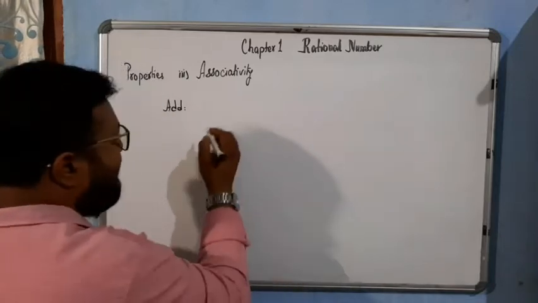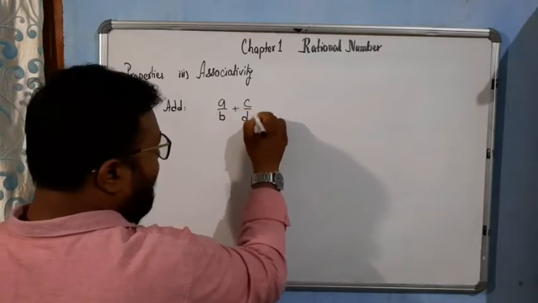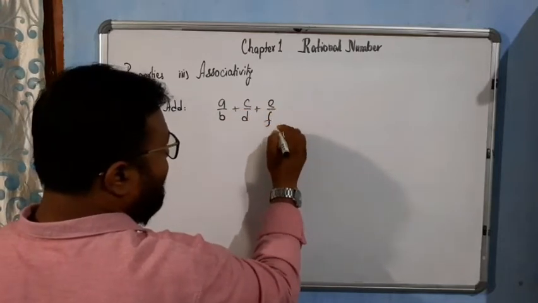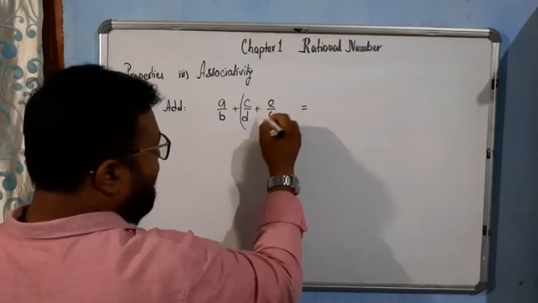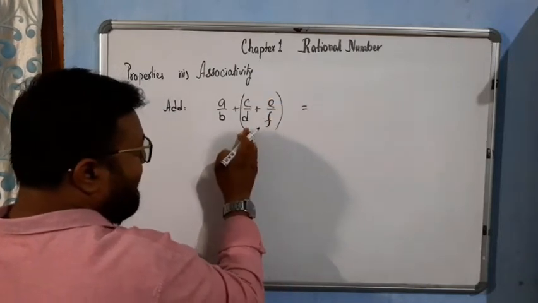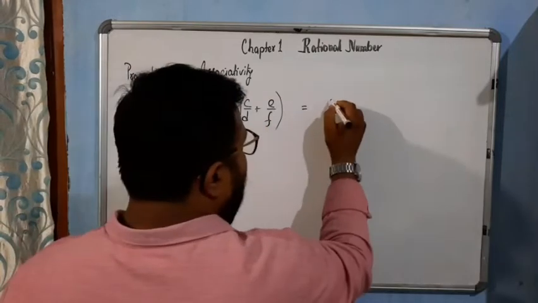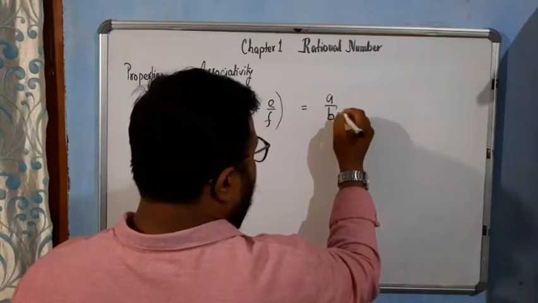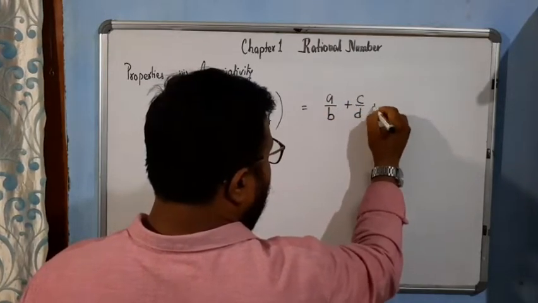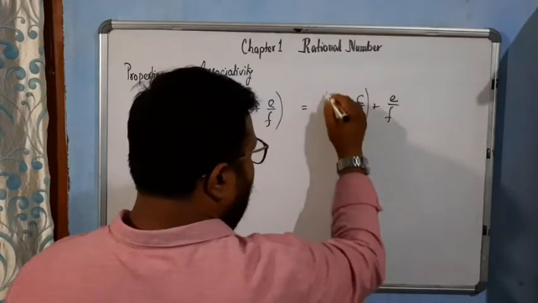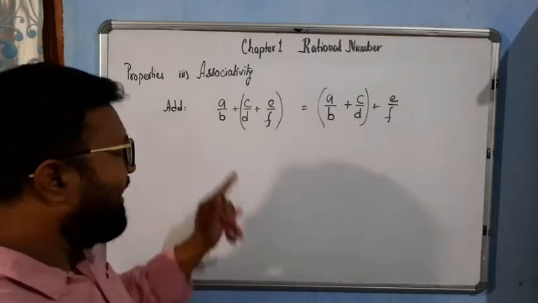In addition, suppose a/b + c/d + e/f. We add the second and third numbers first and then the first number. So in addition, for associativity of rational numbers, it is applicable.